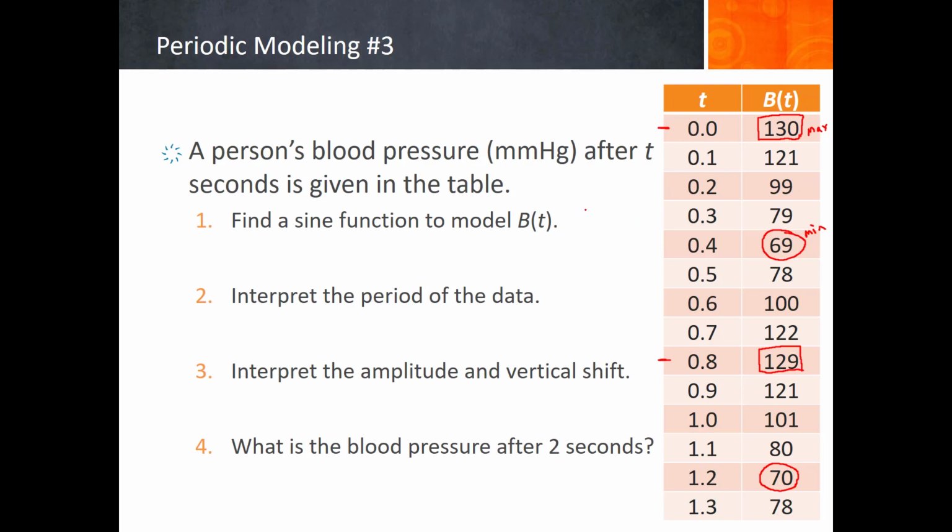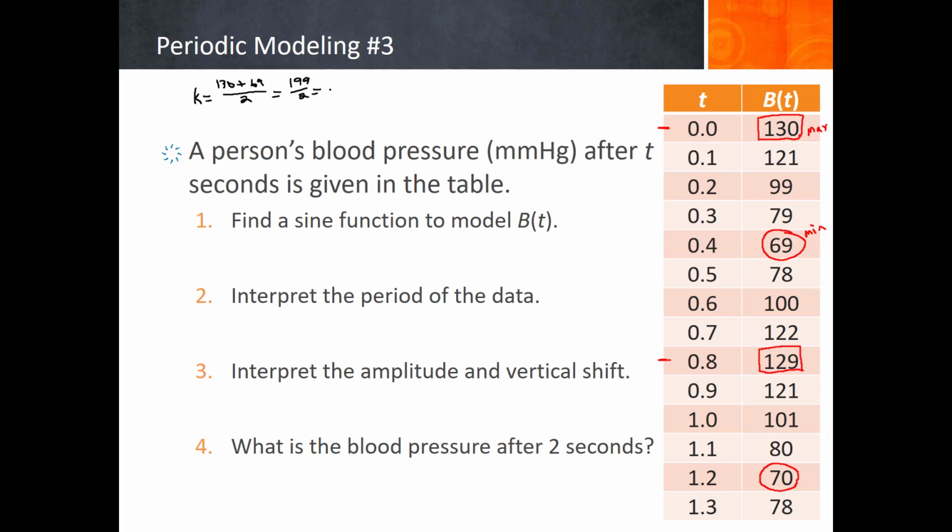So let's go ahead and compute all the stuff that we know. So to find the k value, it's the average of the max and the min. So we're going to say 130 plus 69 over 2. 130 plus 69 would be 199 over 2.